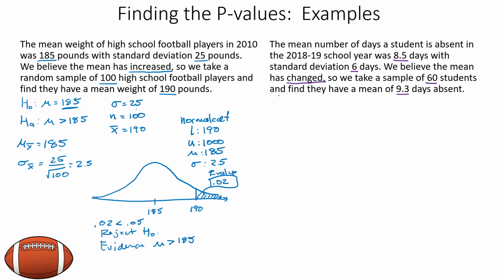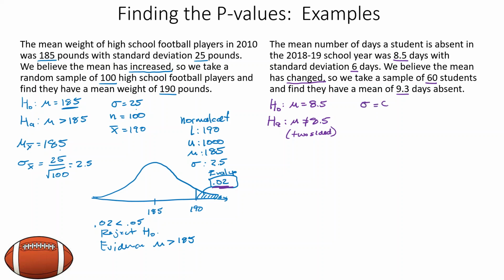All right, so let's see. Our null hypothesis here is that the mean is equal to 8.5 like it was before. Our alternative is that the mean has changed, so not equal to 8.5. So this is two-sided. That means once we get our area here, we have to double it to get our p-value. All right, but we'll get to that in a second.